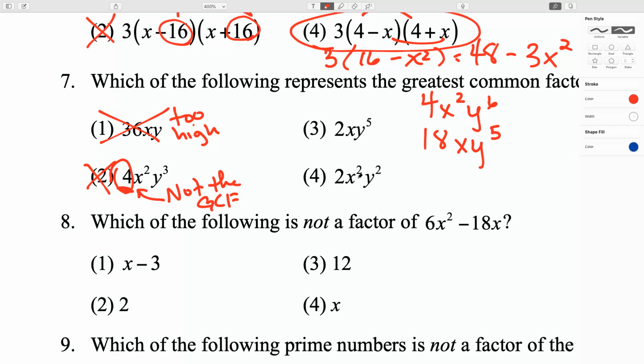But let's look at the x squared and the x. Here we have x squared and x. What can go into both? X. Sorry, x squared cannot go into x, but x can. And can y to the 5th go into y to the 5th and y to the 6th? Yes, it can.